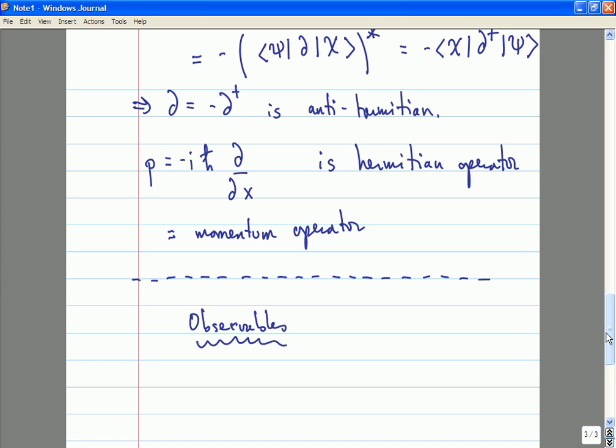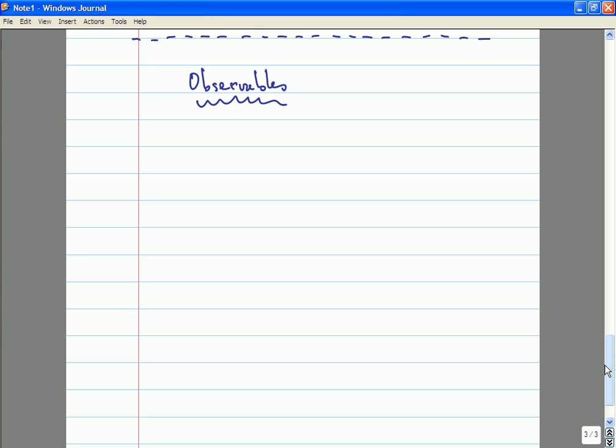I would like to remind you also of a few basic facts involving observables.